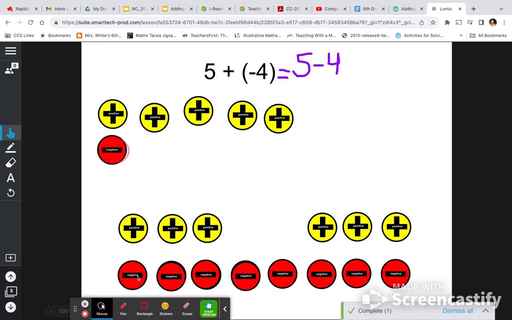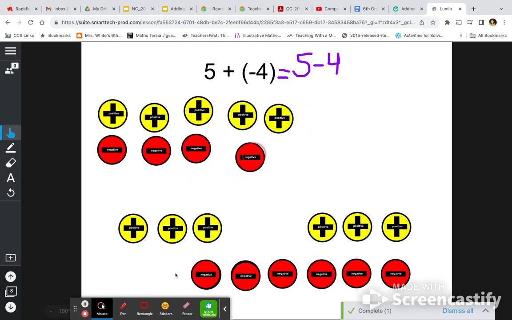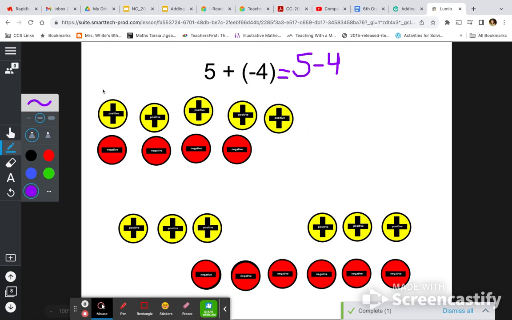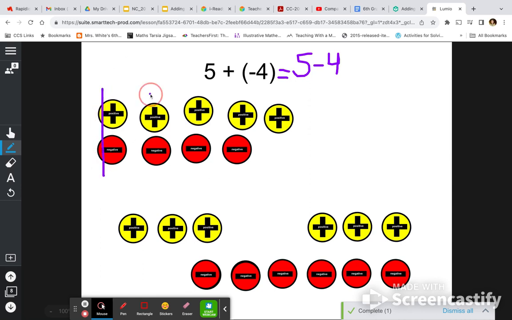So we know we're going to put our second number here. 1, 2, 3, and 4. You know what happens with 0 pairs. Cancel out. The sum is 0 for those. And I'm left with +1. I have one positive chip left.